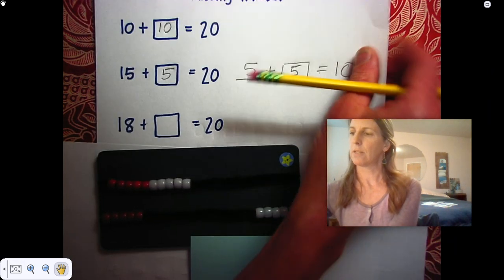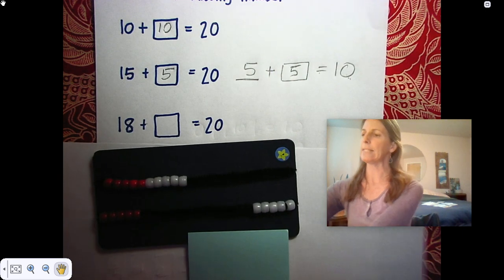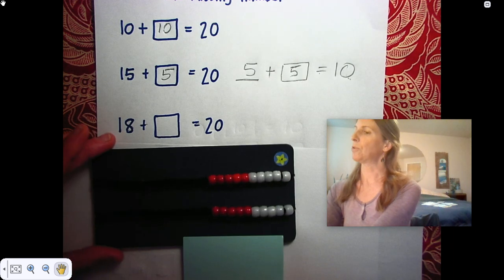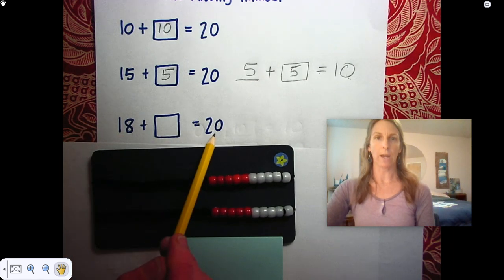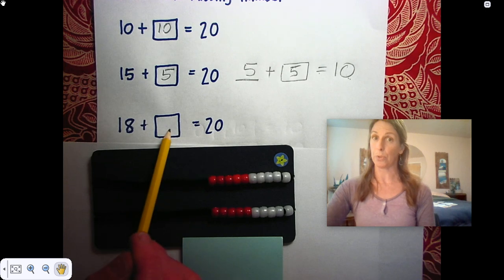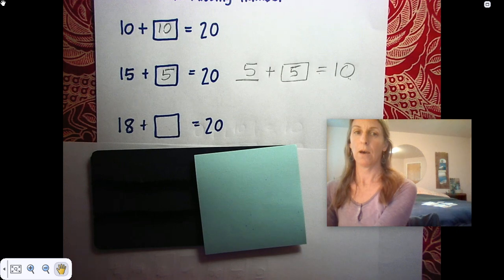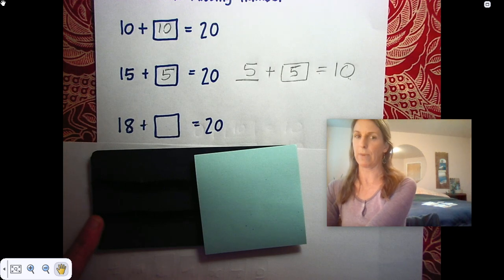Here it is. All right, we've got 18 plus some number equals 20. You can write that equation down right now, and if you know the answer, put it in. And I'm going to show you the 18 scooched over to this side of my number rack.